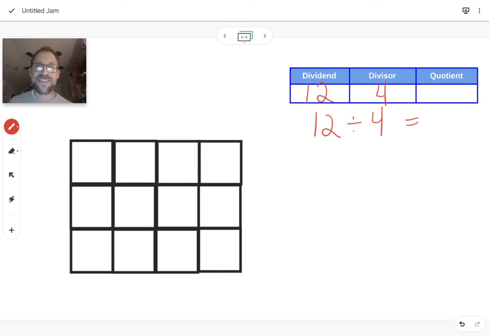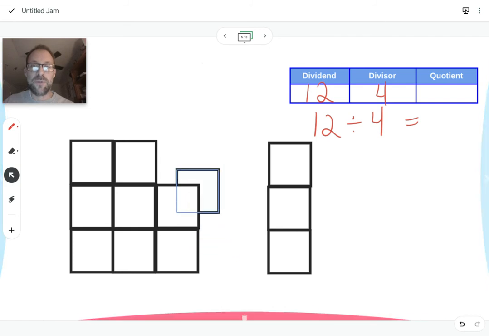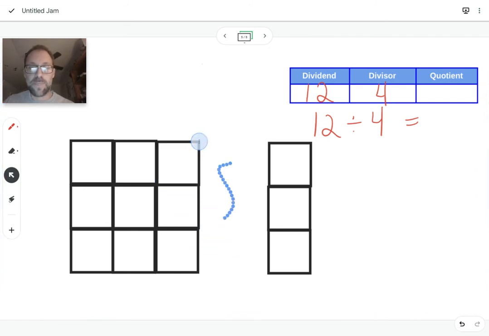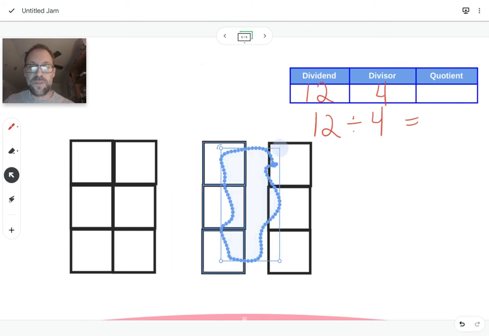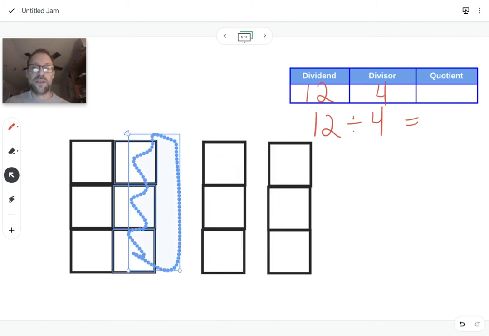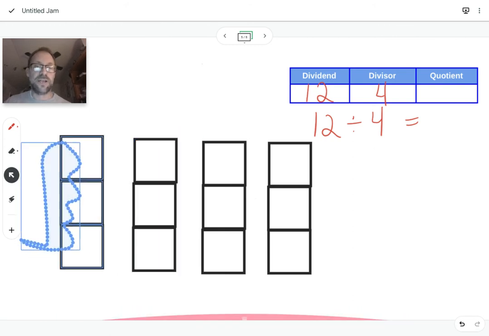Welcome back. Did you do something like this? Did you say this column is one group of 3? This is another. That column's another group of 3. That column's another group of 3. And this column is another group of 3.